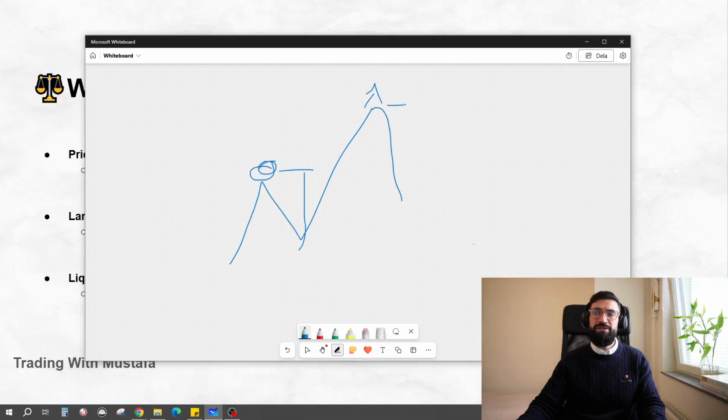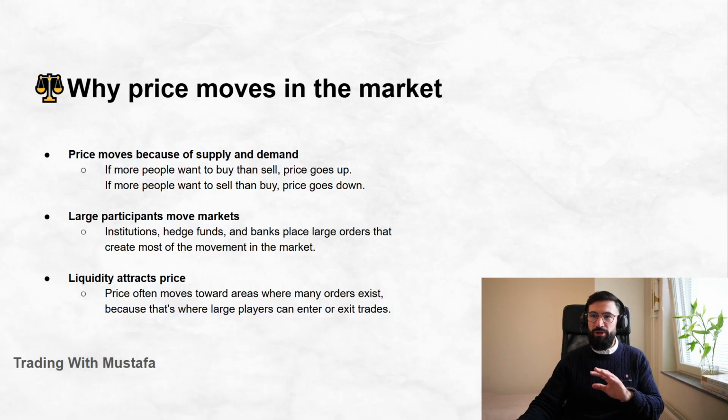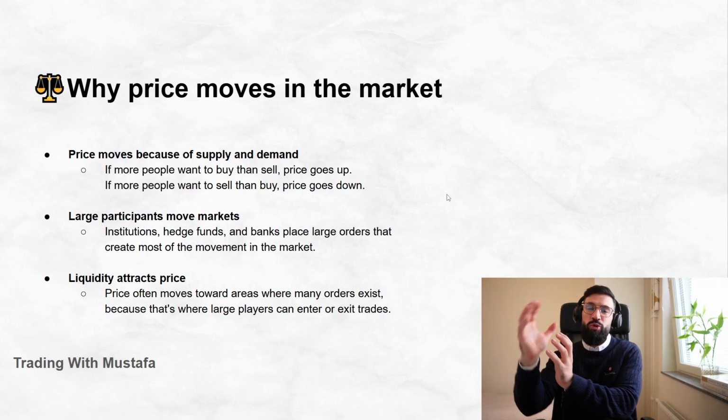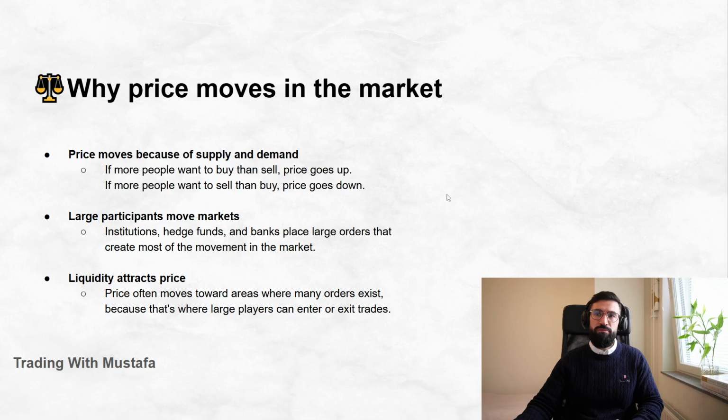They are all sellers going to the other side. I don't want to get too much into detail about this, but this is where the orders exist. And this is where the banks and institutions want to go to take out those orders.